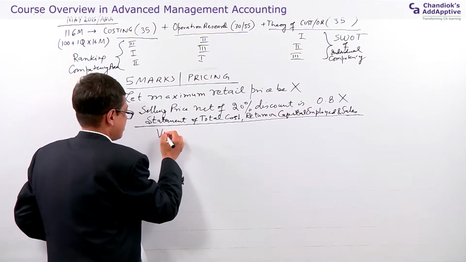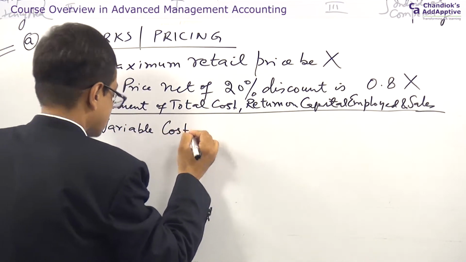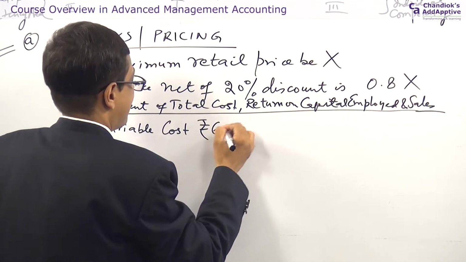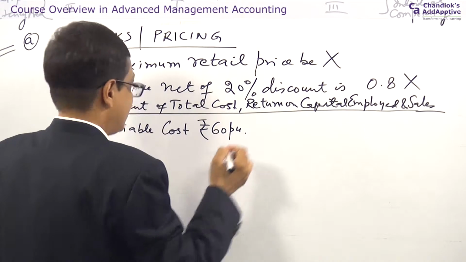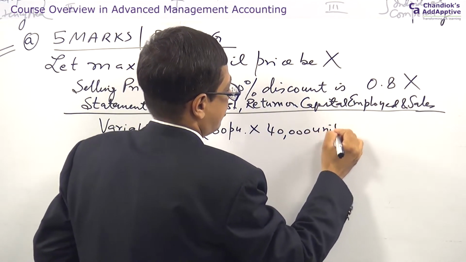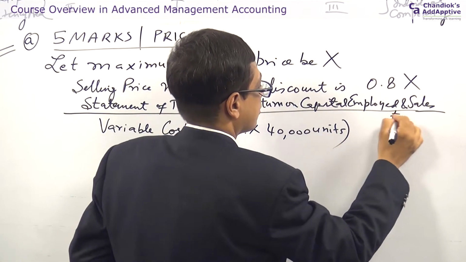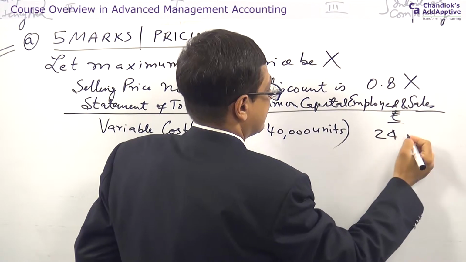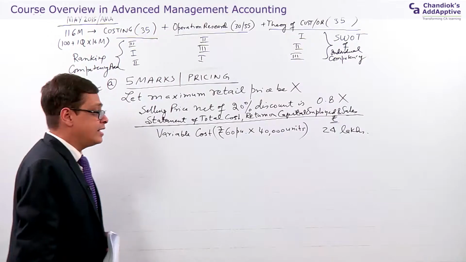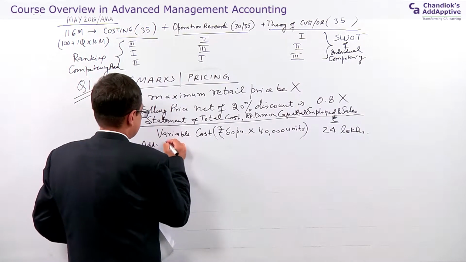So how do you start? You start like this. Variable cost is rupees 60 per unit. You multiply it with 40,000 units because currently this is what you are doing. So it works out at 24 lakhs rupees, right?